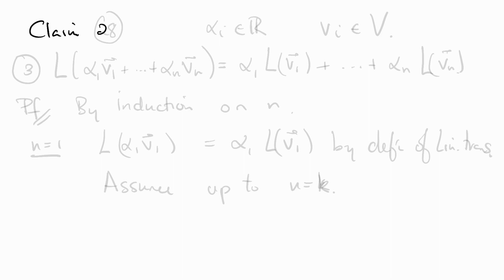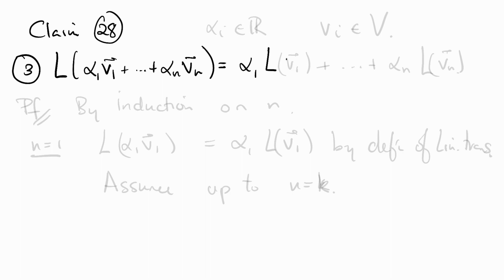Claim 28, part 3. L applied to this linear combination, alpha 1 V1 plus all the way up to alpha n Vn, is, as you would expect, a linear combination of the linear transformation applied to the individual vectors.